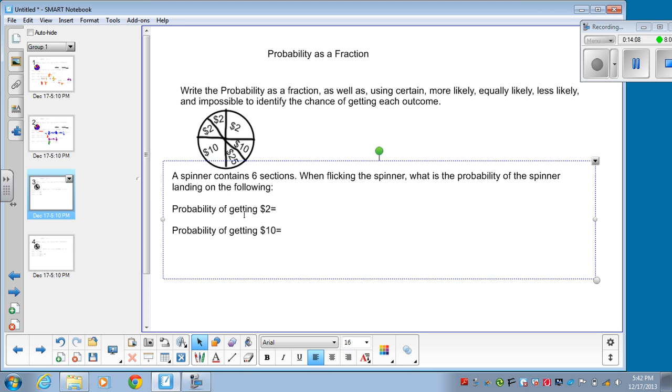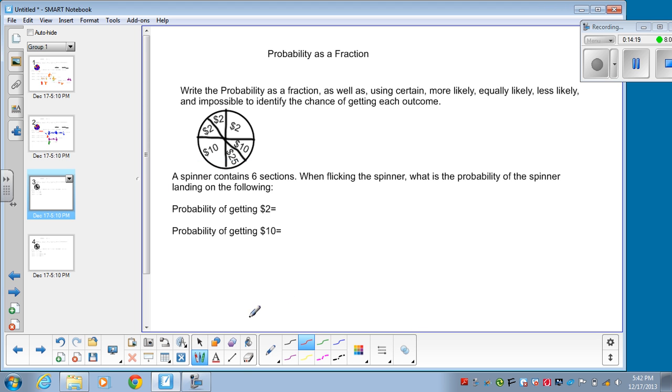What's the probability of getting a 2? Let's count the dollar sign, the $2. We see 1, 2, 3. So we write that as 3 over 6, because there's a total of 6 sections, and we only see the number 2 3 times. We can simplify this because we know 3 can go into 6 2 times.